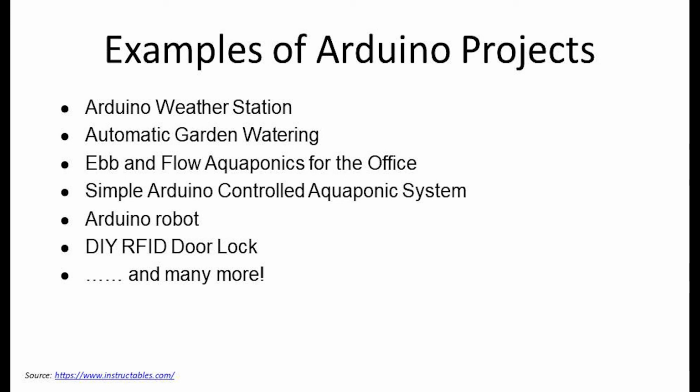A few examples are Arduino weather station, automatic garden watering, ebb and flow aquaponics for the office, simple Arduino controlled aquaponics system, Arduino robot, DIY RFID door lock, and many more. With an Arduino and some programming skills, you can create your own projects and express your creativity.